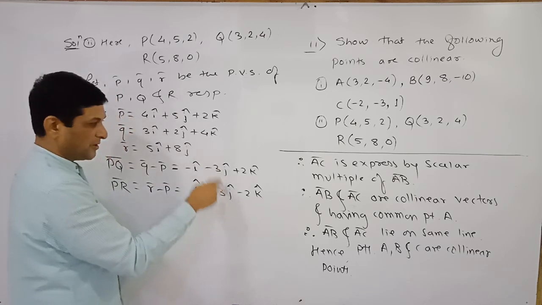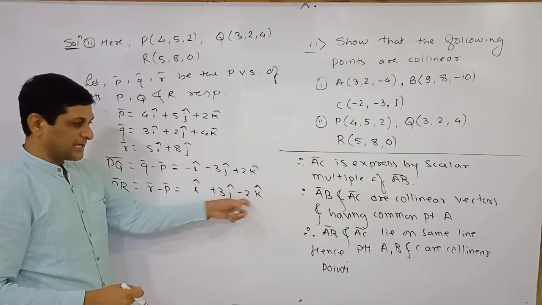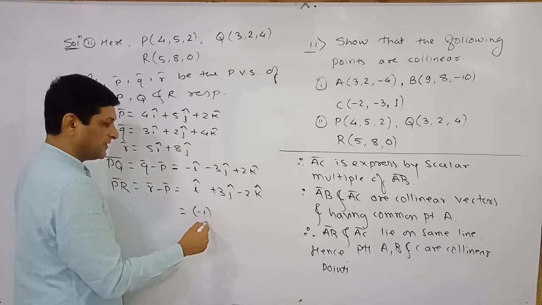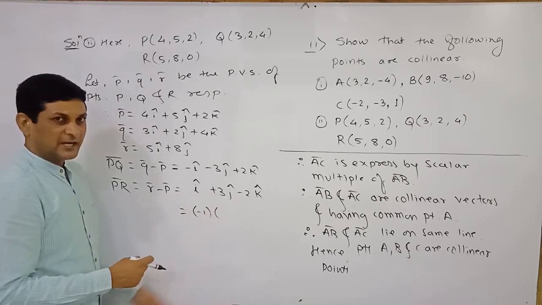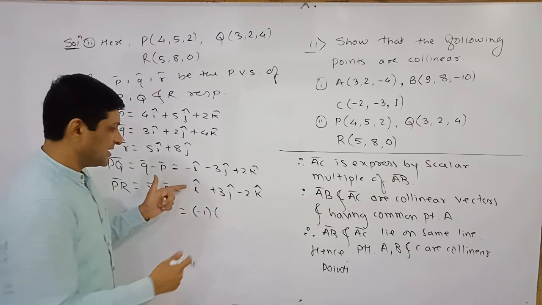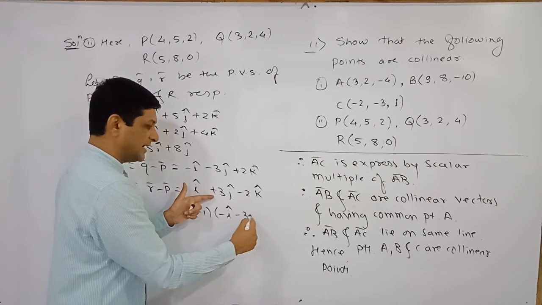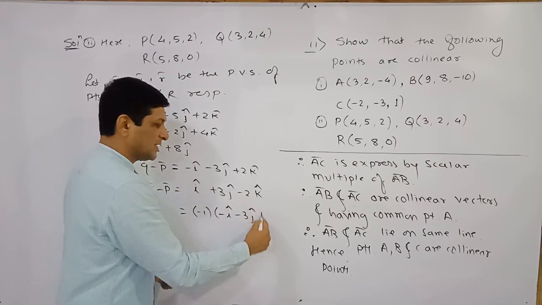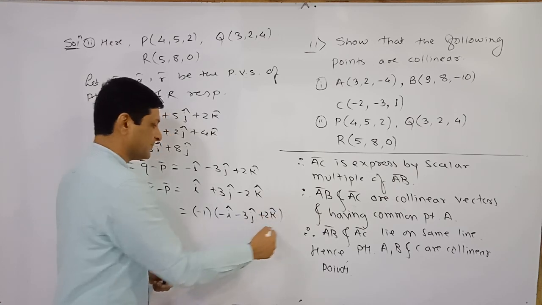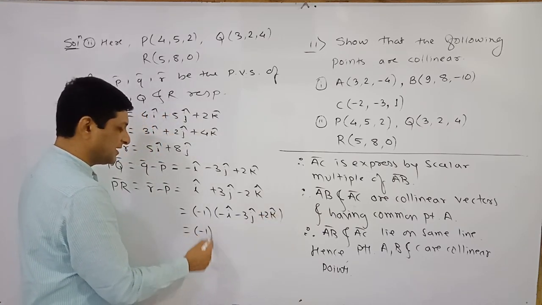So now if you observe both the values, just simply if you are taking minus 1 common here, we will get what? The same expression. Means if we are taking minus common, the sign will get changed. So here plus i cap will become minus i cap, plus 3j will become minus 3j cap, minus 2k cap will become plus 2k cap. So which is equal to minus 1, keep it as it is.